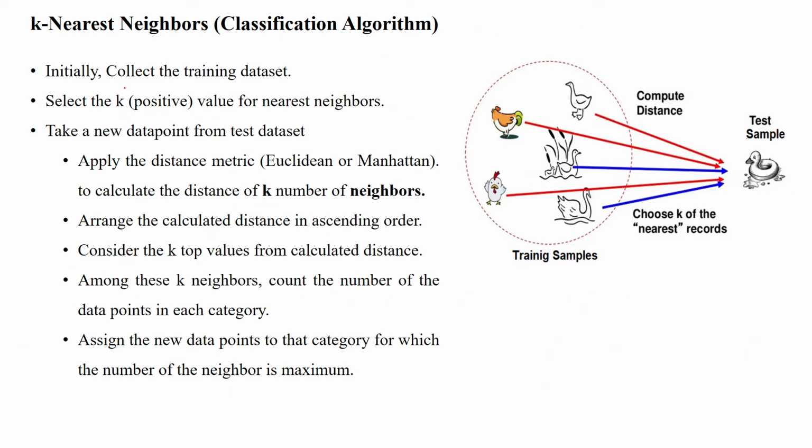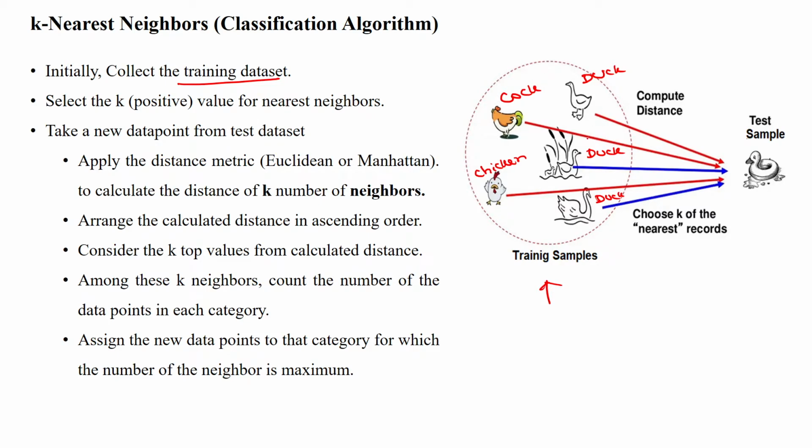Now, what is the algorithm in KNN classification? First, we have to collect the training samples. In this diagram we have the training samples: here is a duck, here one more duck and one more duck, and here we have the chicken, and here we have the cock.